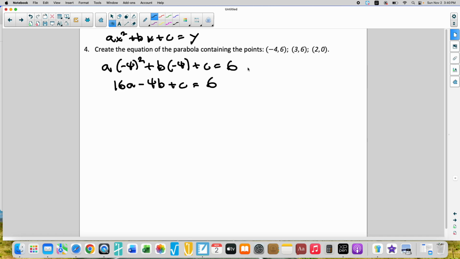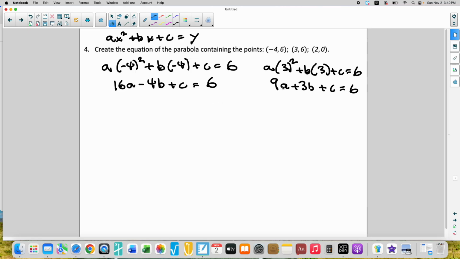And then we're going to take the other point. So we're going to have a times 3 squared plus b times 3 plus c equals 6. And so that gives us 9a plus 3b plus c equals 6.